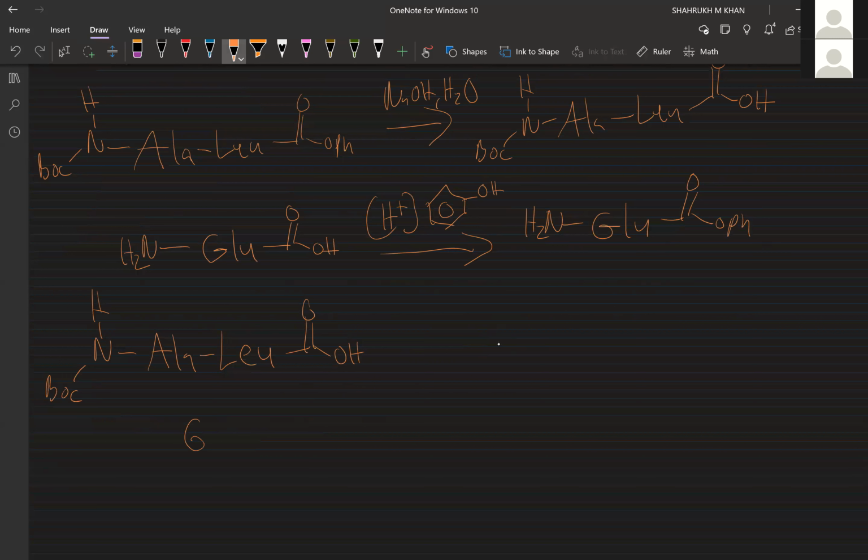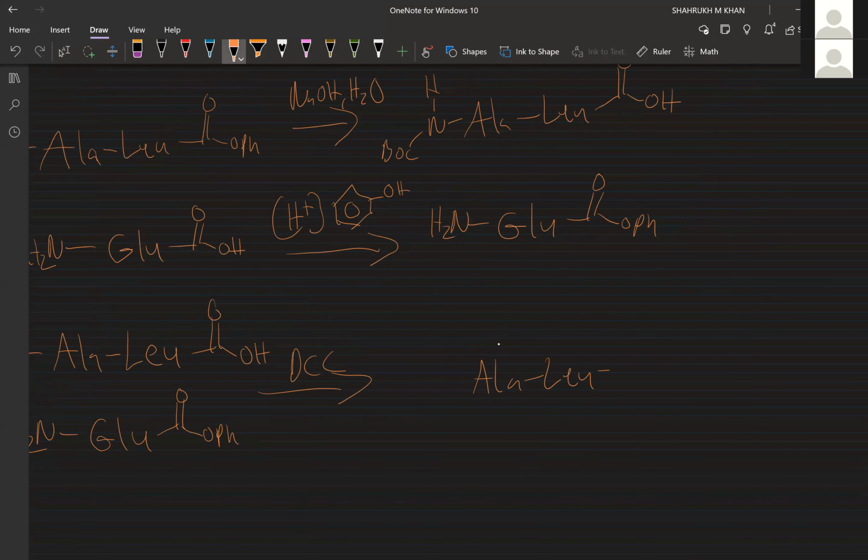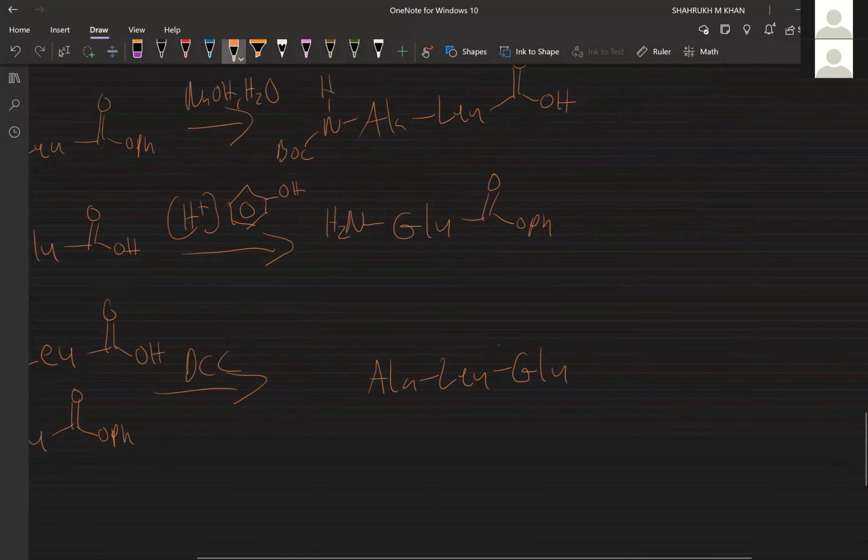And underneath it, we have glutamate, which is C protected only. This part is open. You can use DCC again to couple them. And then boom, we have our, oops. So we have ALA bonded to LEU, now bonded to glutamate, right?